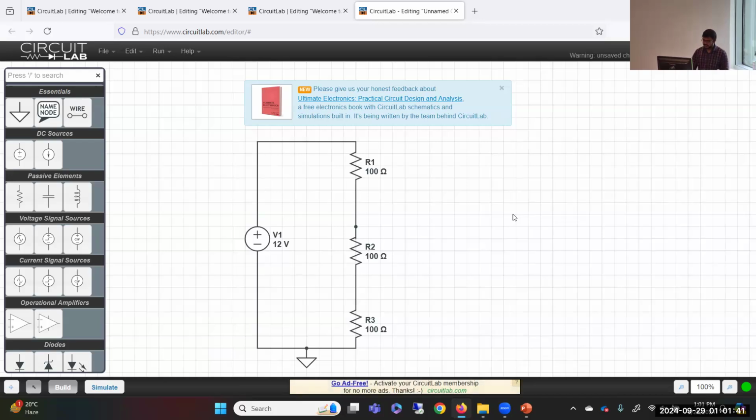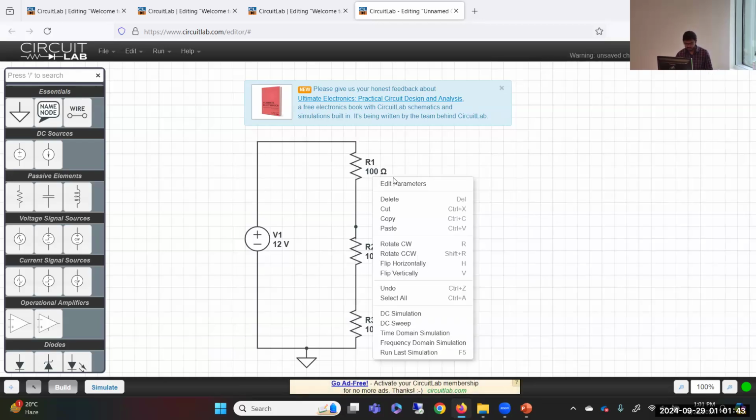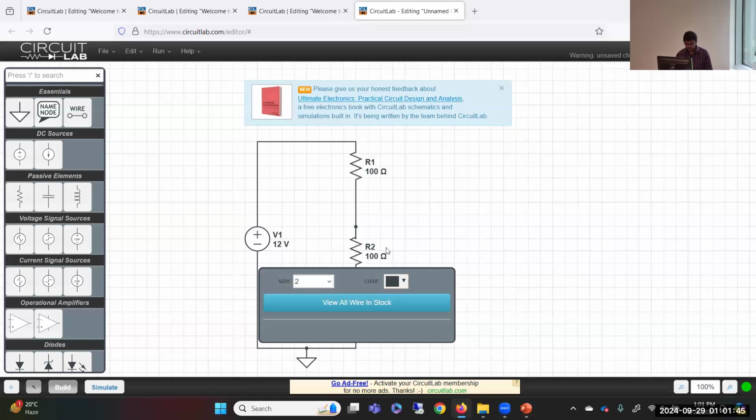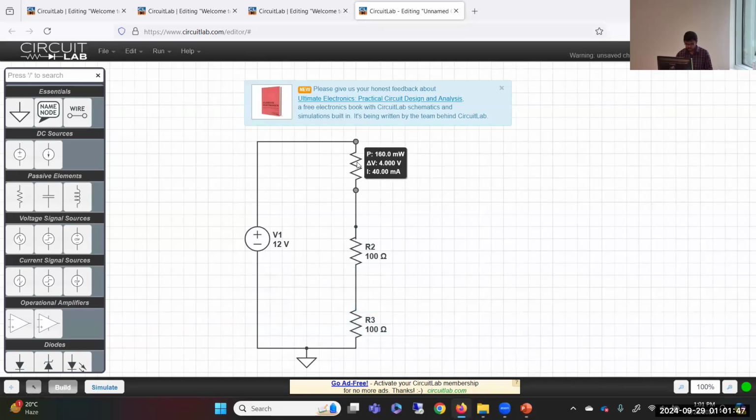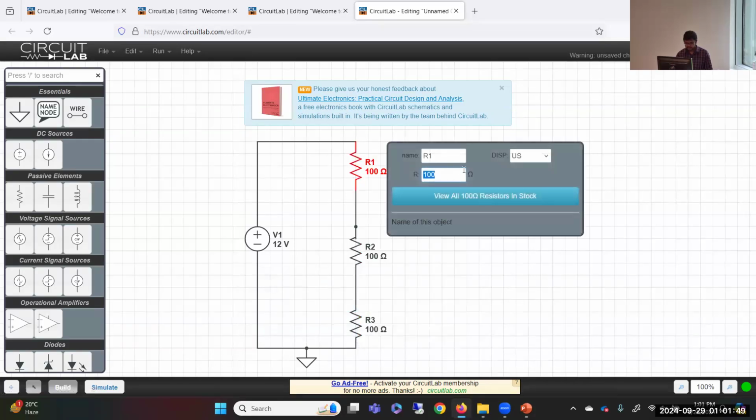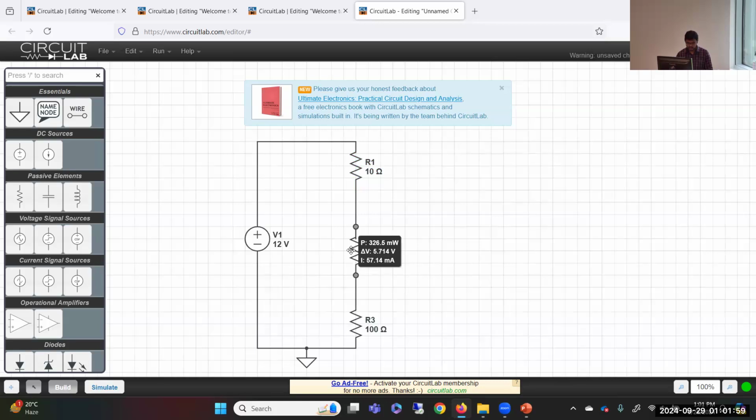So this is the circuit, and for the resistance values, if you remember, right click, edit parameters. The first one had 20 ohm or 10. You just type 10 here. It had 20, right?